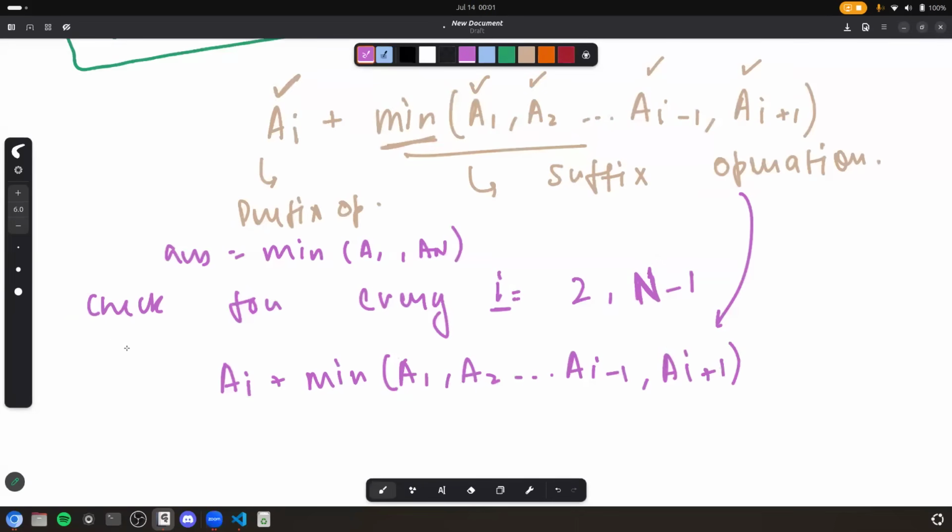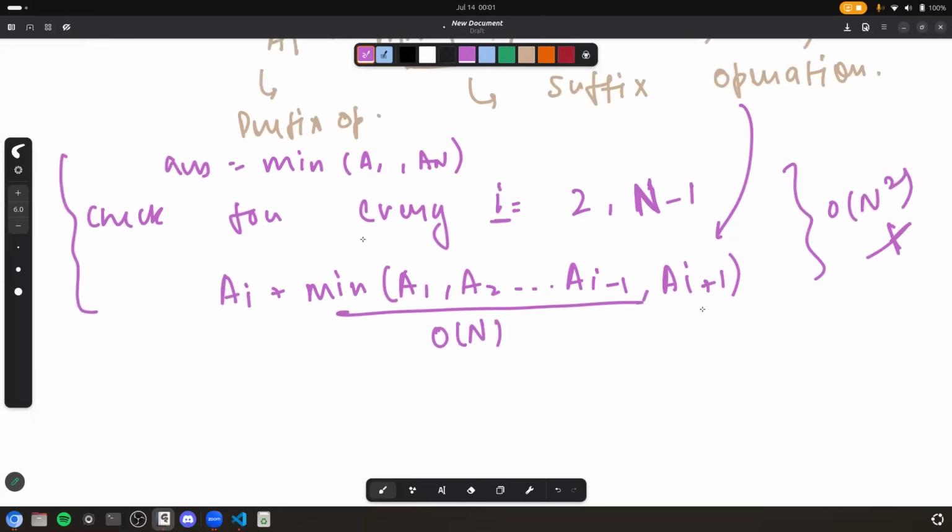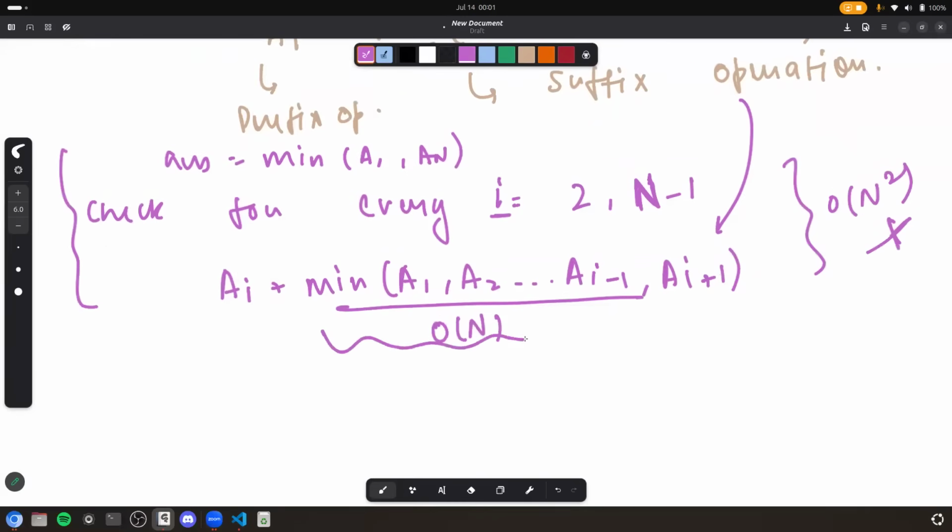So if we calculate the minimum value naively, that would take O of n, and the overall complexity would become O of n square, which will not pass in this case. So we can optimize this. We can pre-calculate this and just find it in O of 1.